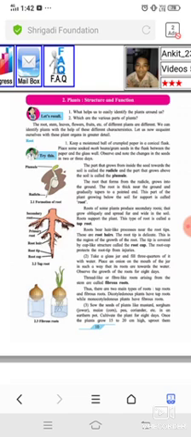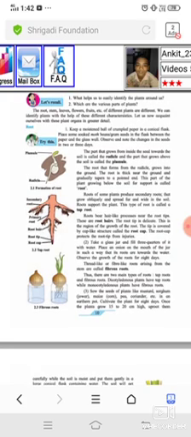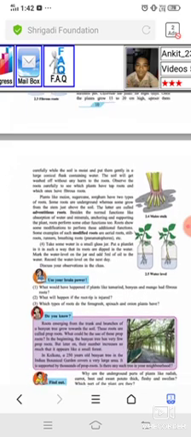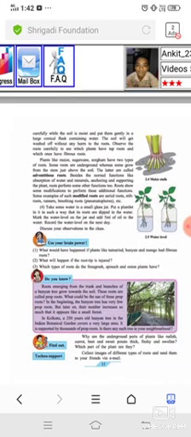Once the plants grow 15 to 20 centimeters high, uproot them carefully while the soil is moist and put them gently in a large conical flask containing water.